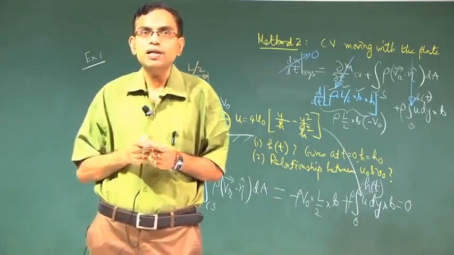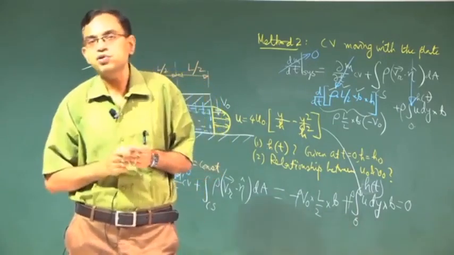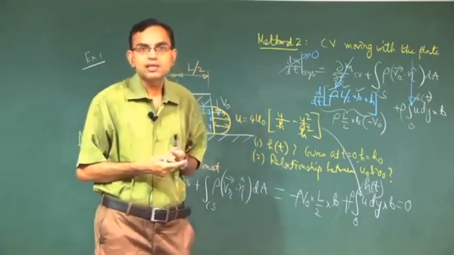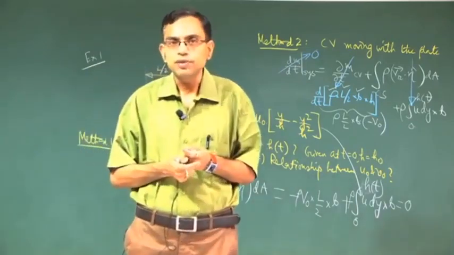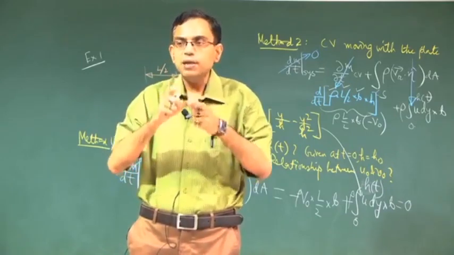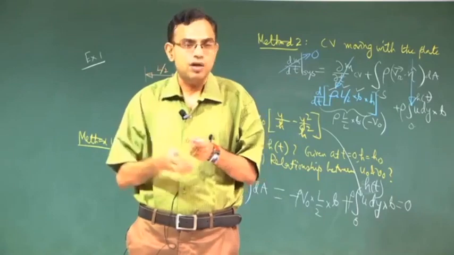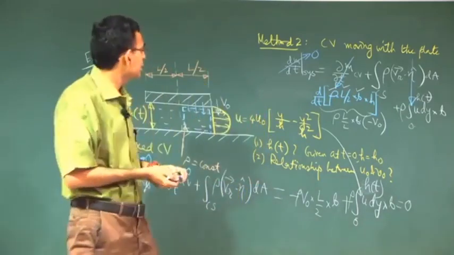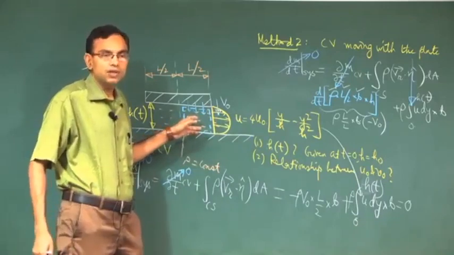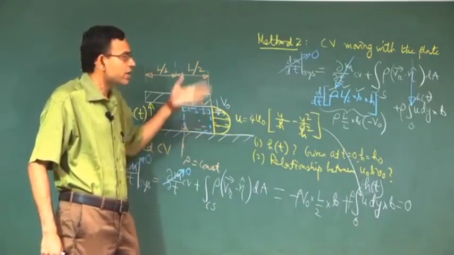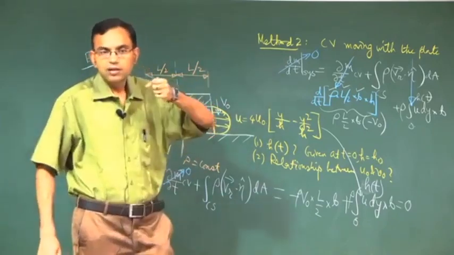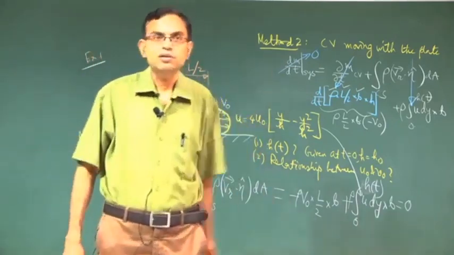Another important point that you must hammer in the mind of your student is that whenever you are doing a control volume analysis, typically using Reynolds transport theorem, the control volume must be specified partly by drawing and partly by words. Otherwise you see this is the control volume for both the methods, right, but by words only we can describe their difference, in one case deformable and in another case not.